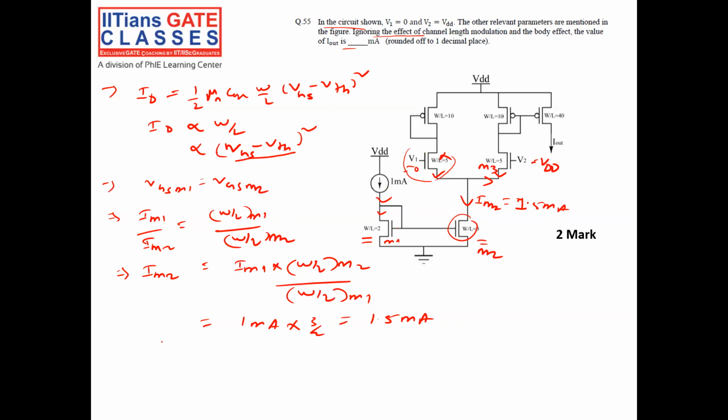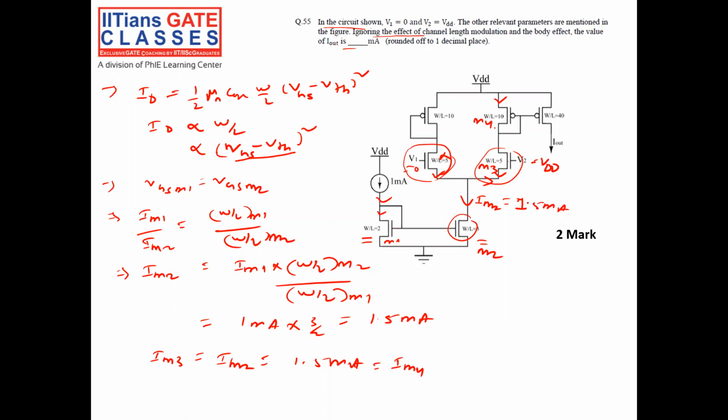So IM3 is equal to IM2, which is 1.5 milliampere, because V1 is 0 and this transistor will be off. So the total current will flow through transistor M3. Since both are connected in series, the same current will flow through the next transistor, M4, so it is equal to IM4.